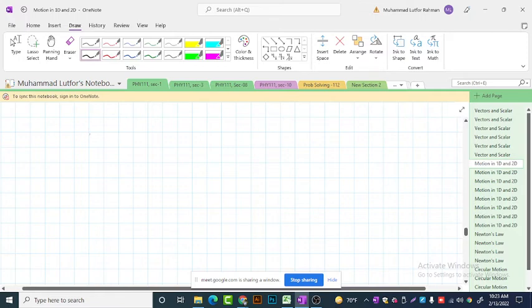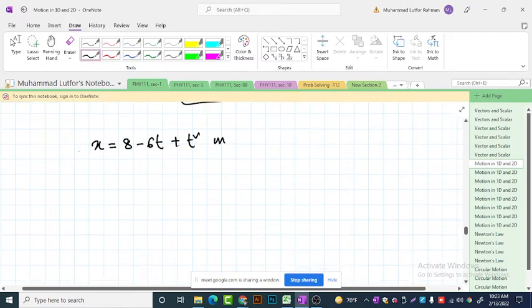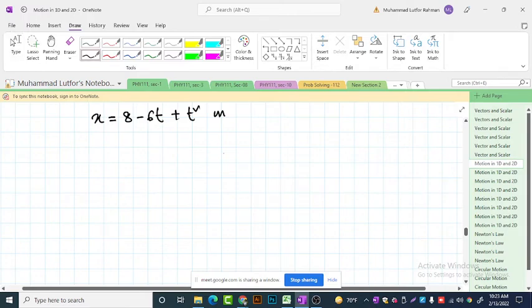Let's think about a particle moving according to this equation. Say x equals 8 minus 6t plus t square, in meters. That means the particle is changing its position at different times, right? If you plug in different values of t, you will find the position would be different.